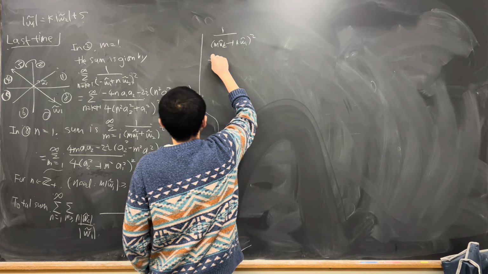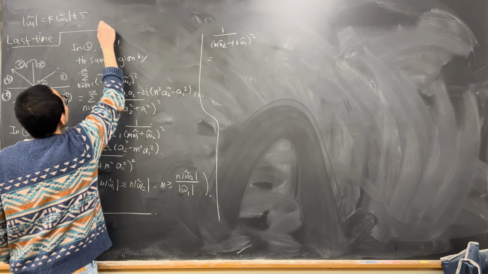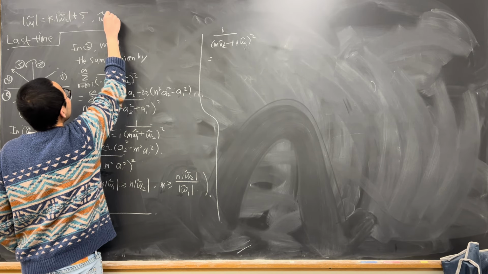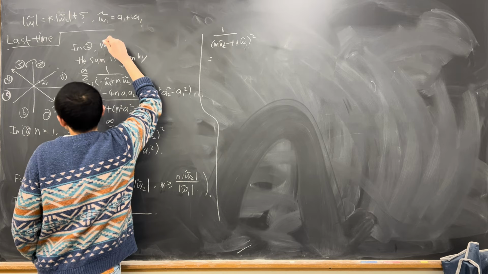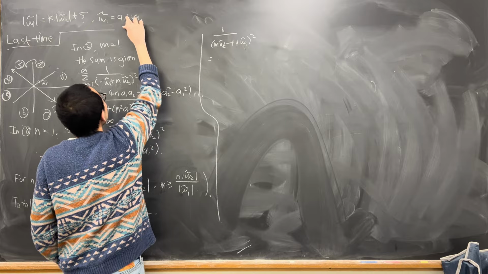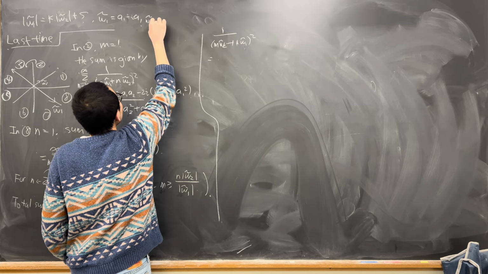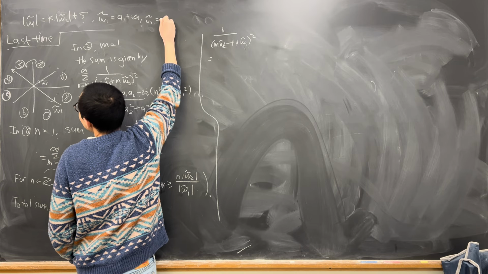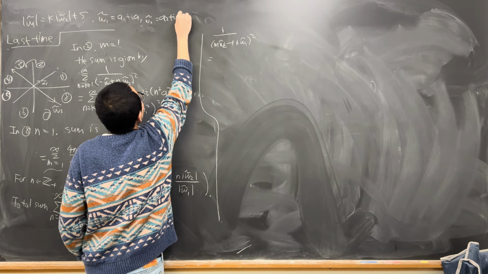Okay, so I'm letting omega 1 tilde be A1 plus iA1. Oops, so it should be minus. And then I'm letting omega 2 tilde be equal to A2 plus iA2.